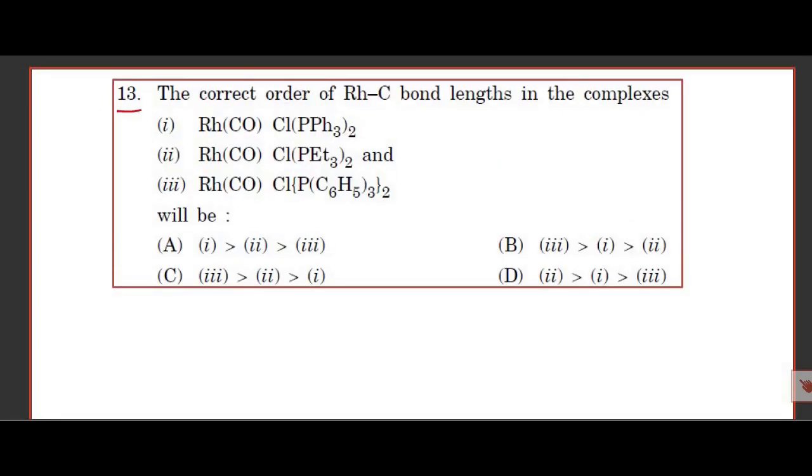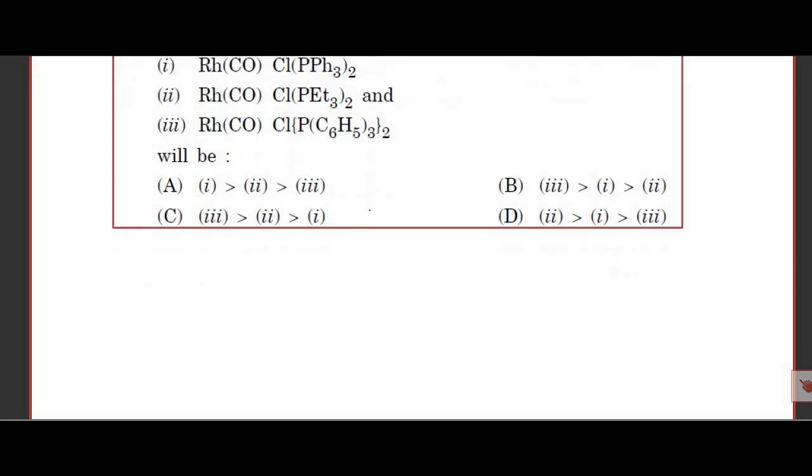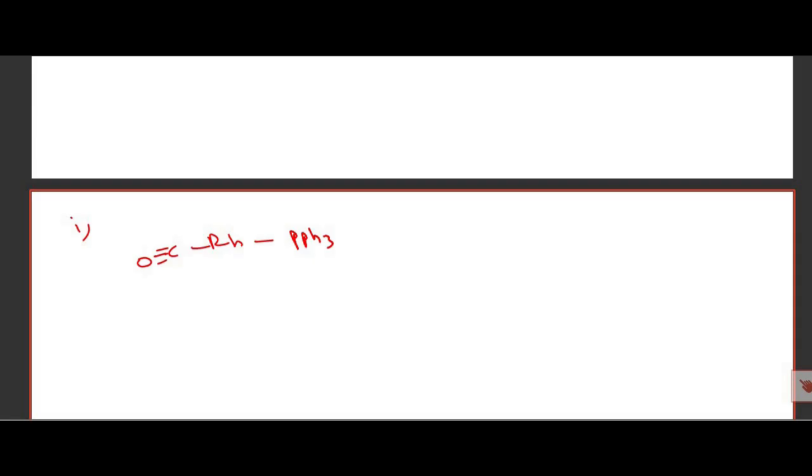Question number 13. The correct order of Rh-C bond length in the complex. Three complexes have been given. What is the bond length that they are asking? Let us take the complexes. The first complex, in first option, you have Rh, CO, PPh3, Cl.